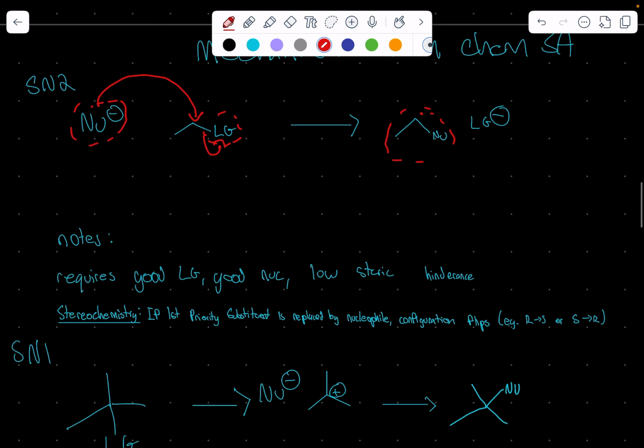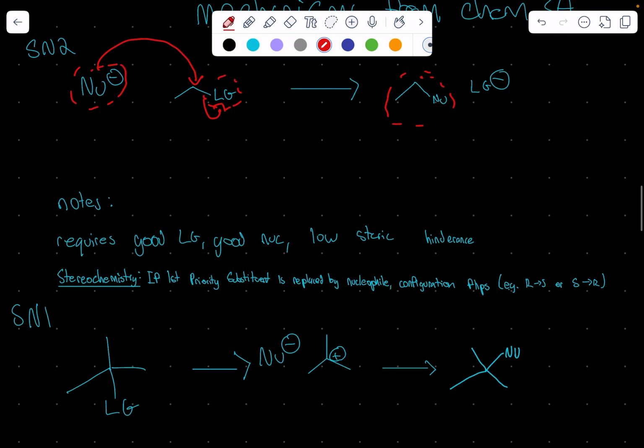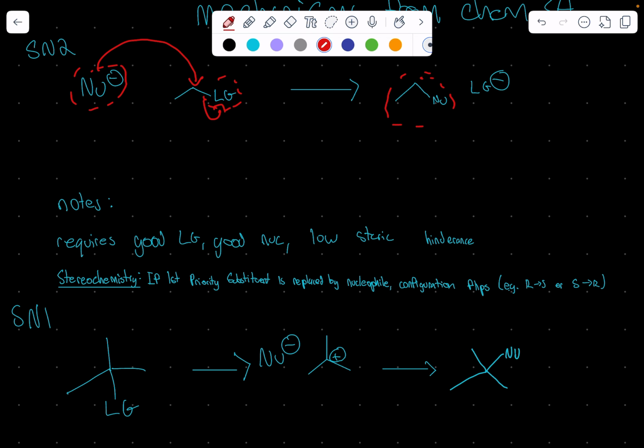Some notes for the SN2 reaction is that it requires a good leaving group, a good nucleophile, and low steric hindrance. If we started with a stereocenter as our electrophilic carbon, something to keep in mind is that if the first priority substituent is replaced by the nucleophile, the configuration would flip.